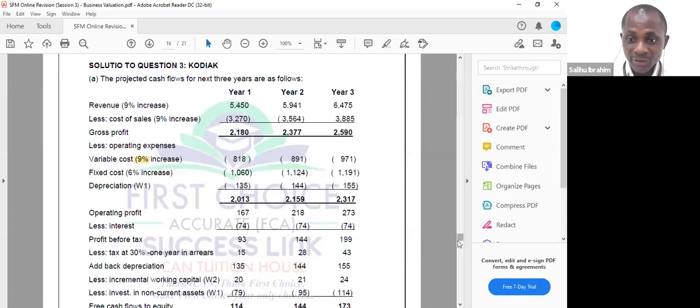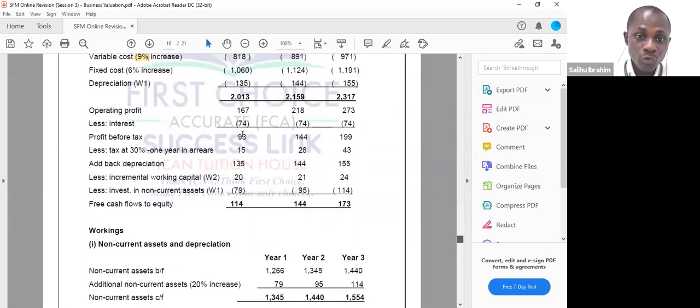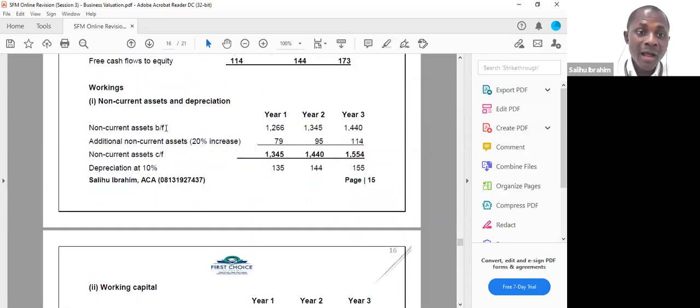Now, the depreciation is on the year-end balance of non-current asset. I've told you, at the end of the current year, our year-end balance is 1266, and the addition was 66, and we are increasing that addition by 20%. So if an item increases by 20%, it will increase to 120%.